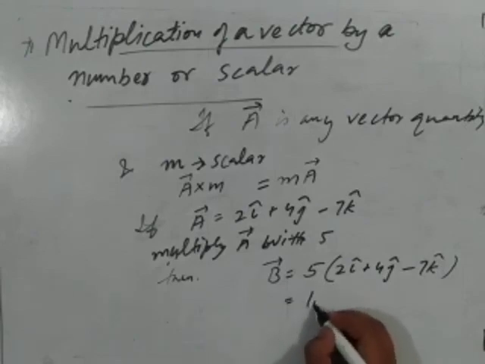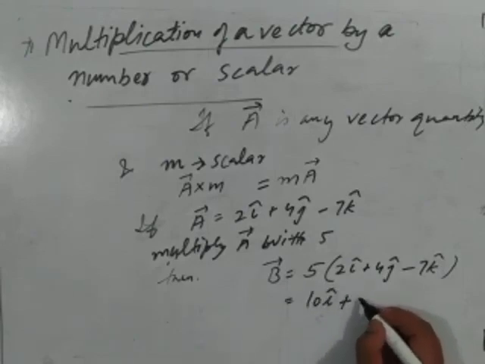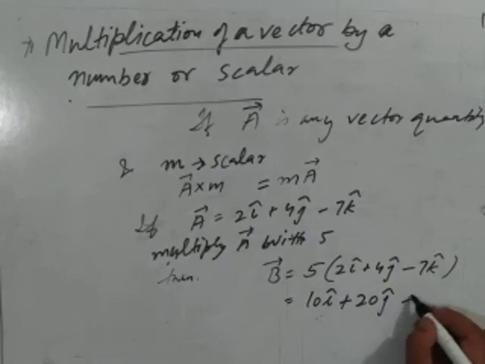So this will become 10i cap plus 20j cap minus 35k cap.